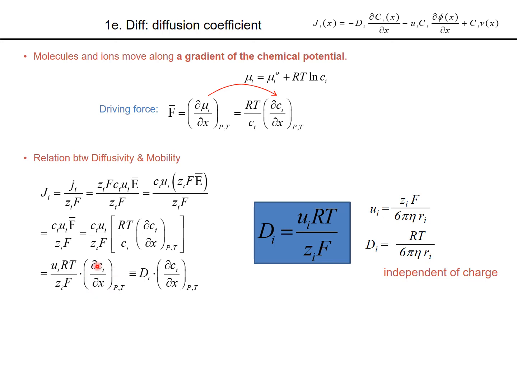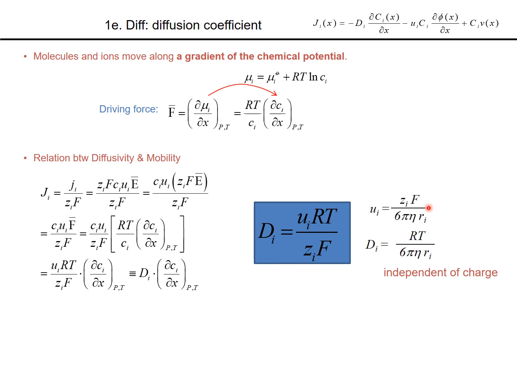So I could say diffusivity is mobility with RT per charge amount. This one. Could you say diffusivity is depending on the charge amount? No, I don't think so, because mobility has a term for the amount of charge.